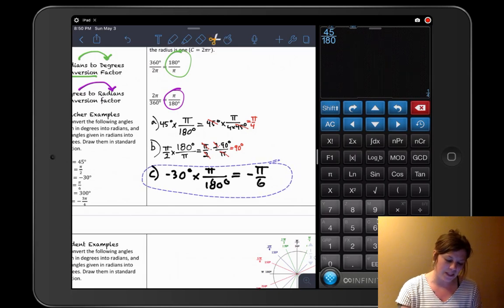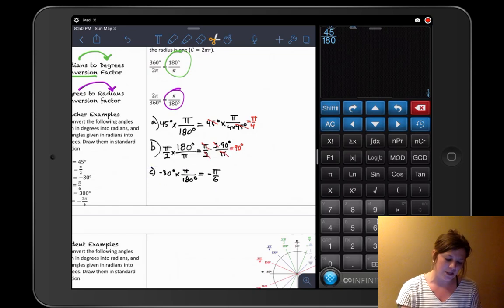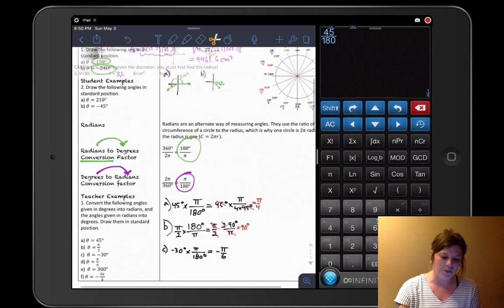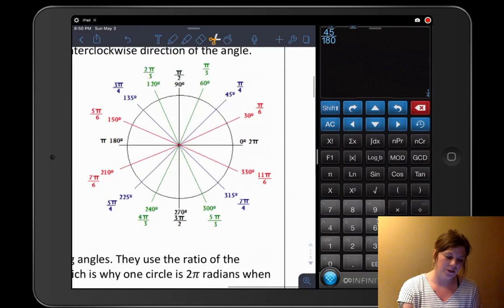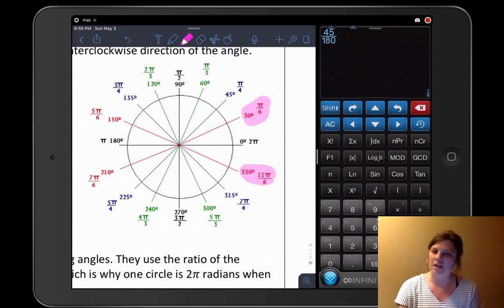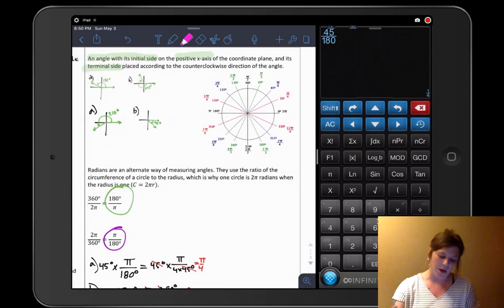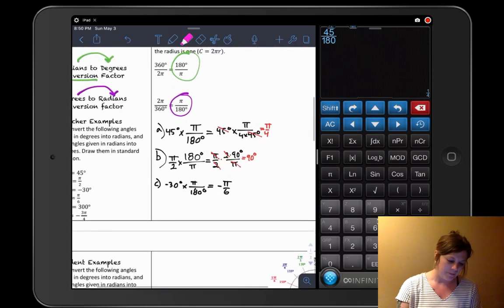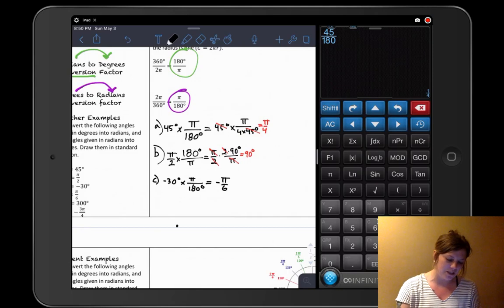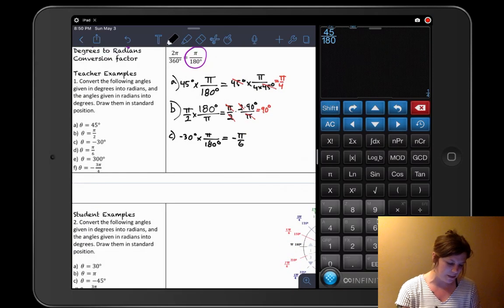Then we can take a look here at our picture. Now it's negative, but we know that 30 degrees is pi over 6. If we went the other direction, it's not going to be listed as such, but we do know that 30 is pi over 6, so negative 30 is negative pi over 6. All right, two more for me, and then you get to practice these, A, B, C, D.